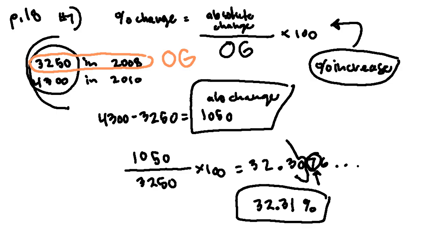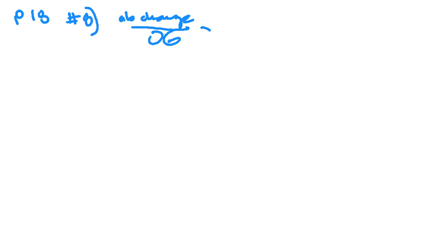Let's start with a new screen. We're still on page 18, and I think I want to change to blue. That was number 7. Let's do number 8. It's the same formula: the absolute change over the original, multiplied by 100.